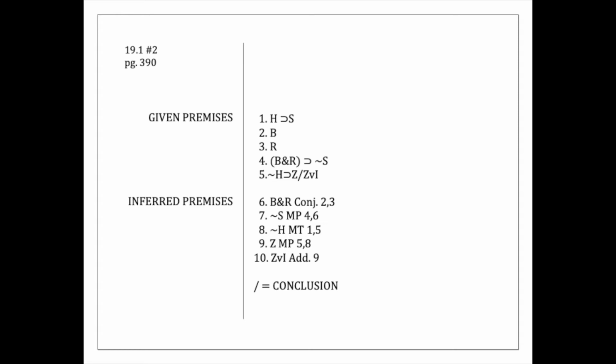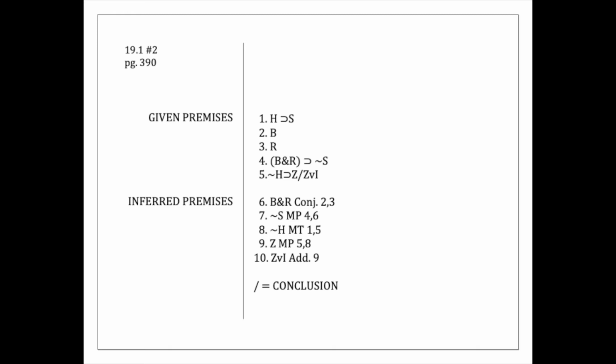What else can we infer? Well, after we have the conjunction B and R, notice that is the antecedent of the conditional in premise 4. And so we can infer not S based on modus ponens, 4 and 6. Once we have not S, you'll notice that S is the consequent of a conditional in premise 1.